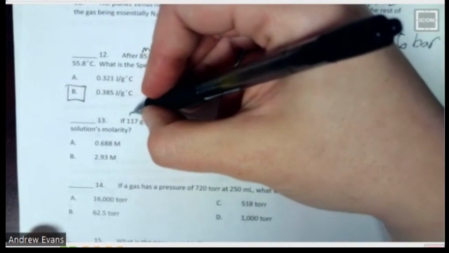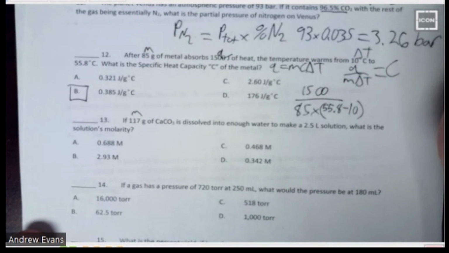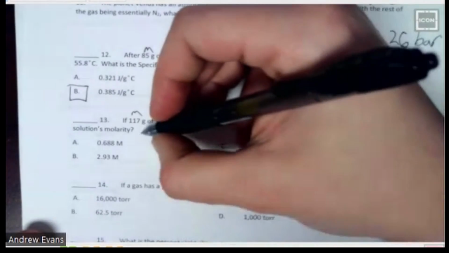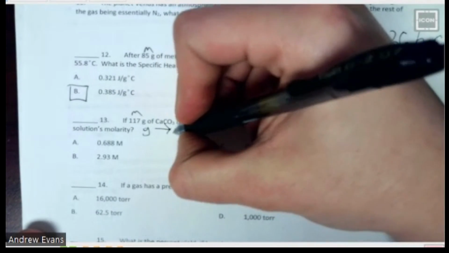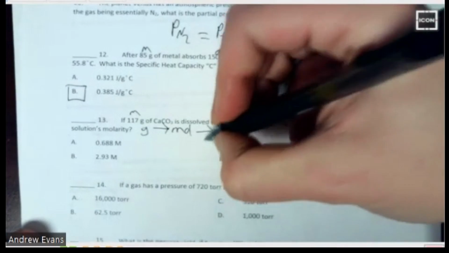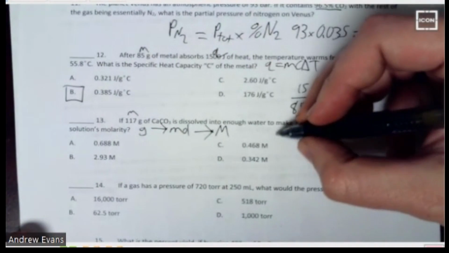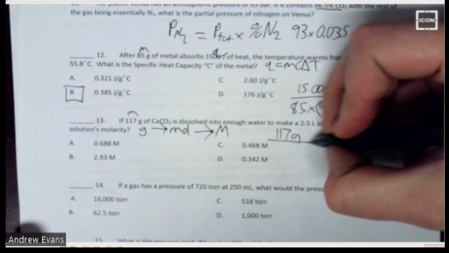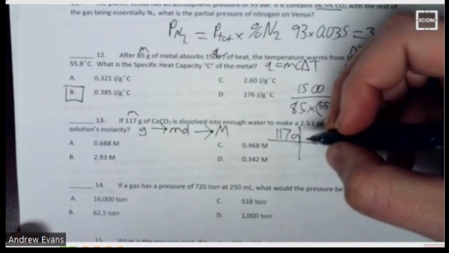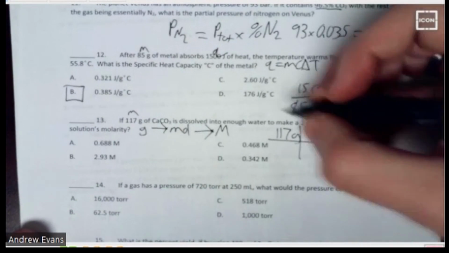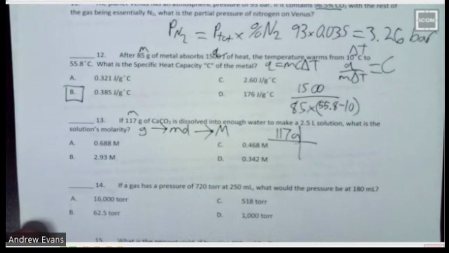If 117 grams of CaCO3 is dissolved in enough water to make 2.5 liters, what is the molarity? So we're going from grams to moles to molarity. 117 grams. Calcium is close to 40, 40 plus 12 plus 48.